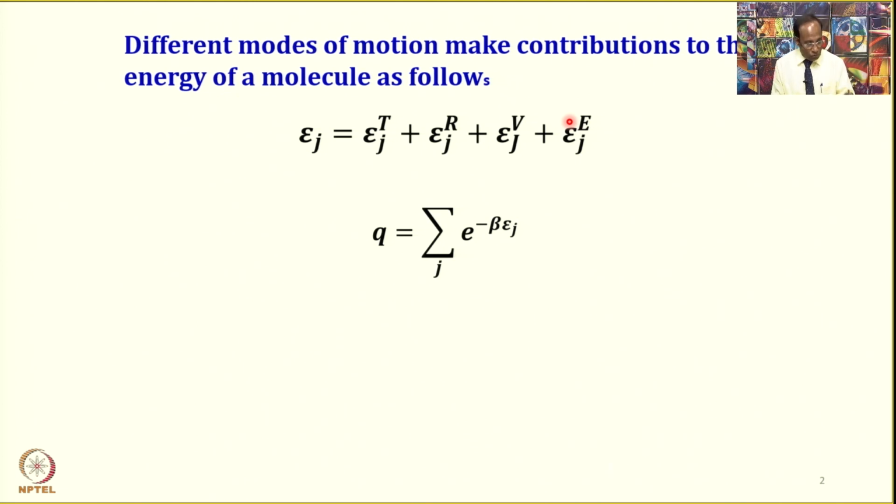And we also know that the molecular partition function is defined as summation over j of exponential minus beta Ej. Let us substitute now.